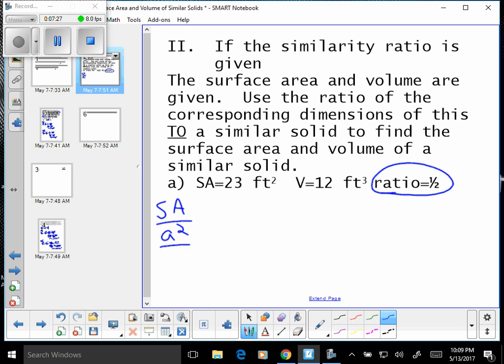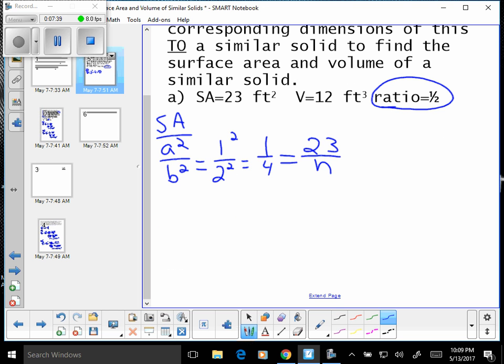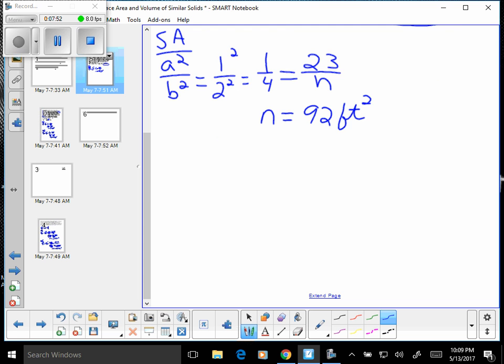Remember, that's A squared over B squared, 1 squared over 2 squared, or 1/4. My surface area is 23. I do not know the surface area of the other solid. 1 times n is n, and 4 times 23 is 92, and since it's surface area, that's going to be feet squared. Now I'm going to find volume.